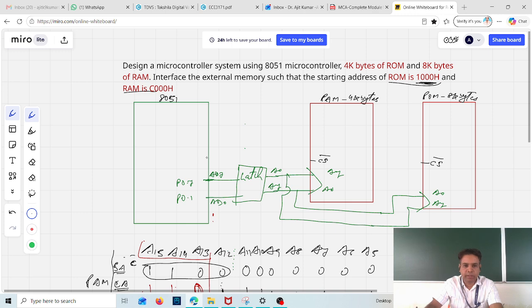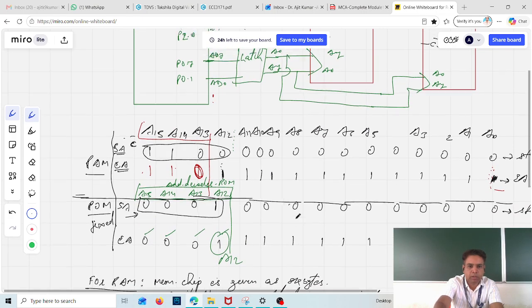So now remaining, that is port 2.0, port 2.1, port 2.2, okay, they are the higher order address bus, that is A8, A9, A10. So just come back to this one.